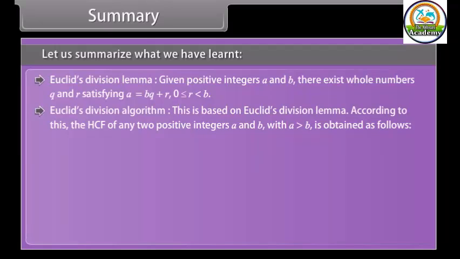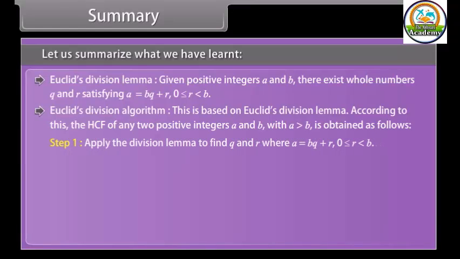This is based on Euclid's division lemma. According to this, the HCF of any two positive integers a and b, with a greater than b, is obtained as follows. 1. Apply the division lemma to find q and r, where a = bq + r, 0 ≤ r < b.